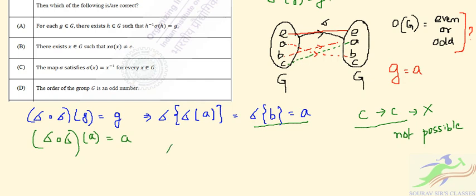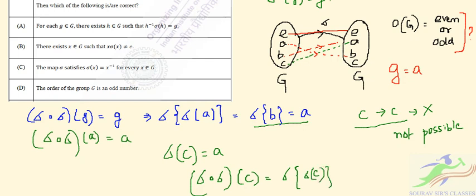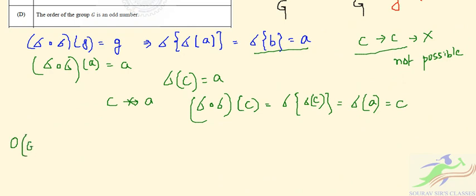If we consider the mapping sigma of C equal to A, then sigma composite sigma of C is sigma of sigma C. So sigma C is A, so we can write sigma of A, which is nothing but C. But this C cannot map to A because A is already mapped to B and B to A. So from here you can see that the order of G cannot be even, and it must be an odd number.